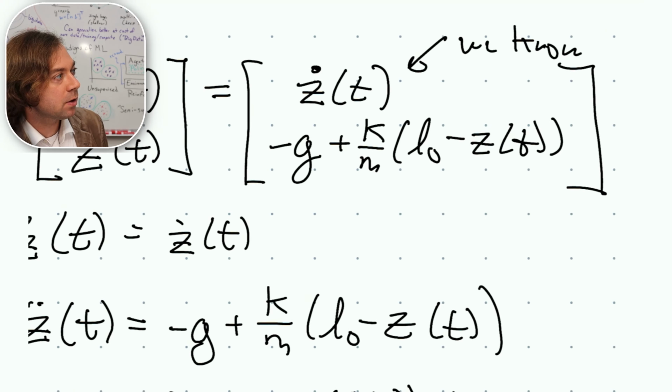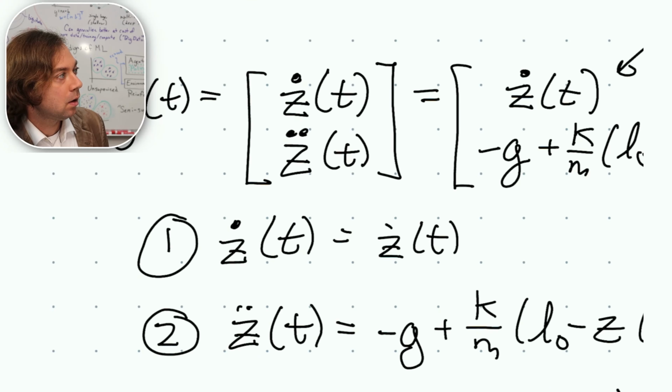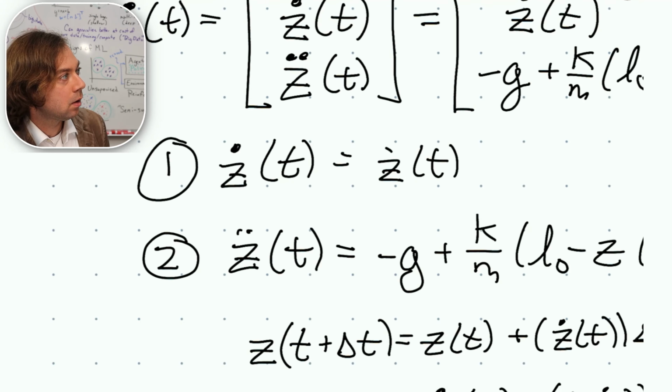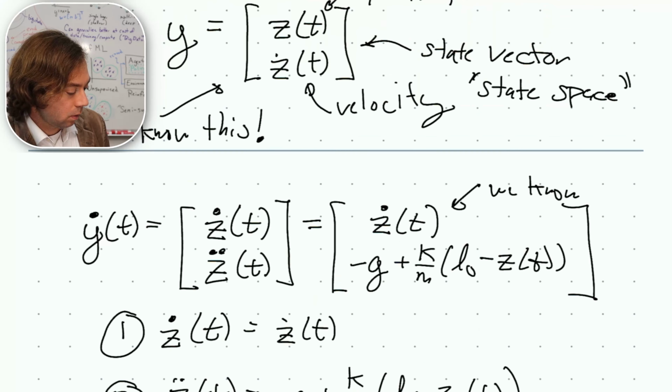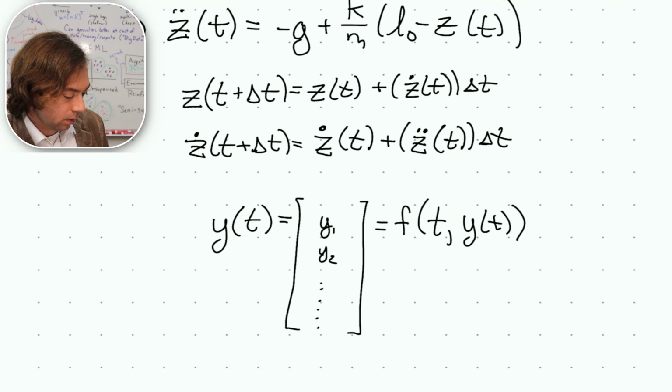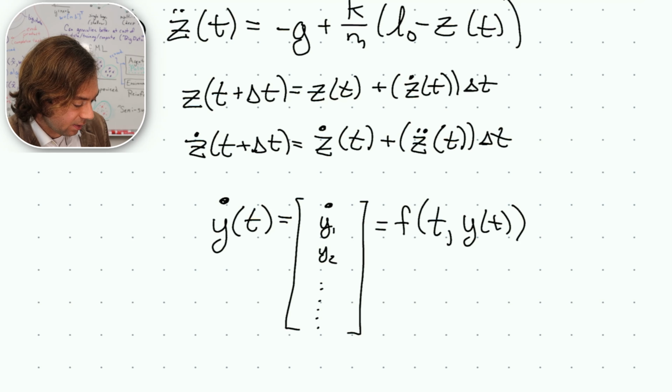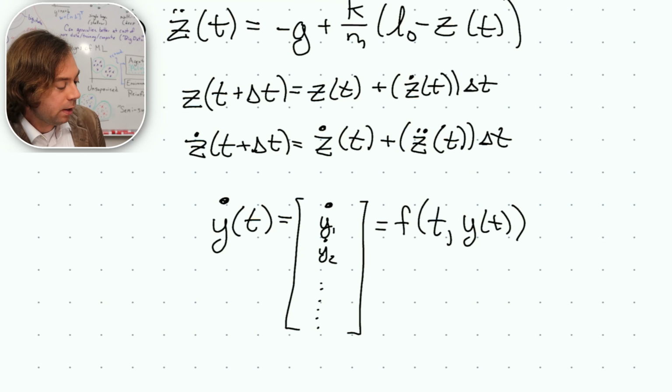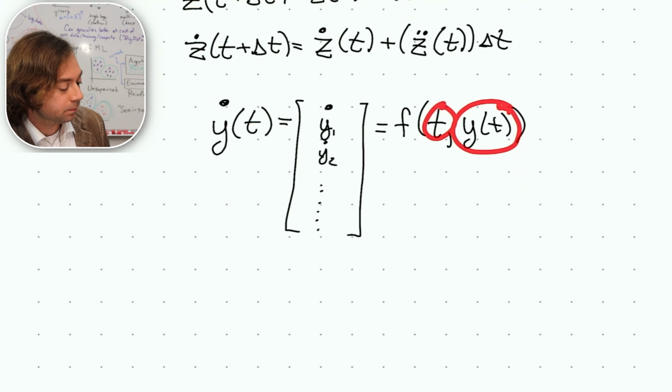We rewrote and y dot of t. There we go, y dots, right? We wrote the derivative of our state as being dependent on just states and also time, okay?